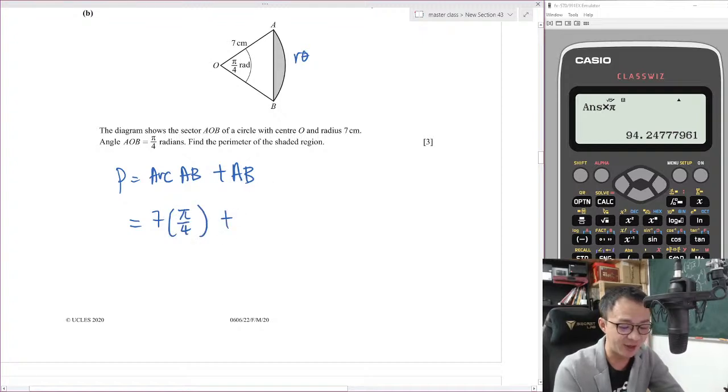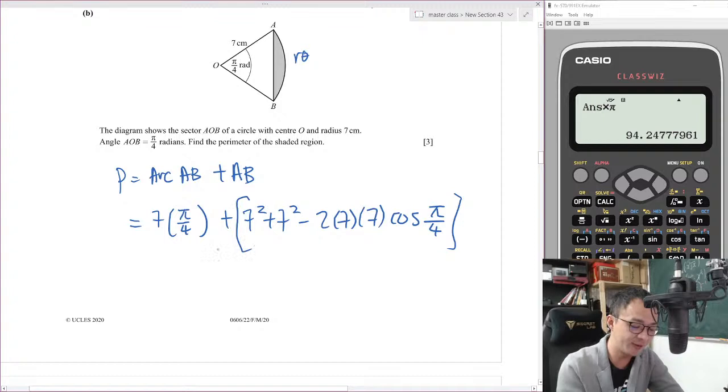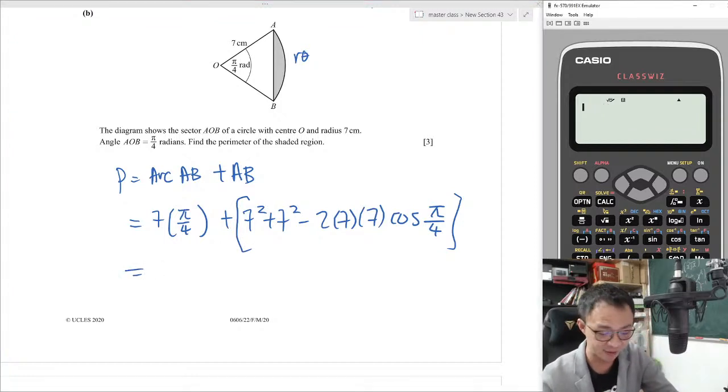And then in order to find the length of AB, I will use the cosine rule, which is 7 squared plus 7 squared minus 2 times 7 times 7 cos pi over 4. Make sure your calculator is in radian. Does the question say want exact form? Okay, never mind. 7 pi over 4 plus, should I put a bracket?